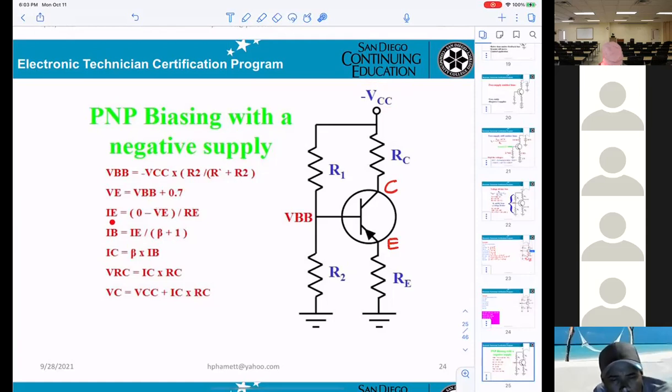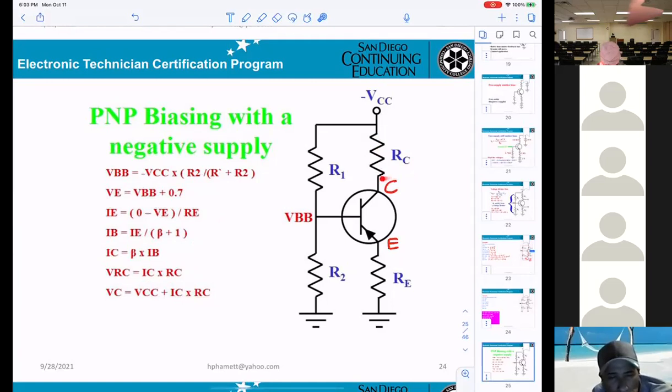And if you're going to calculate the IE, that means the current flowing here, then you can take your VE divided by RE. After you get the IE, you can calculate IB the same way, IC the same way. And VRC, that means the voltage drop across RC, is IC times RC.